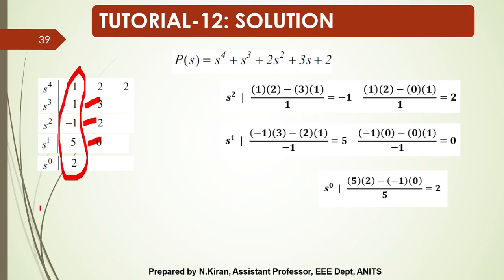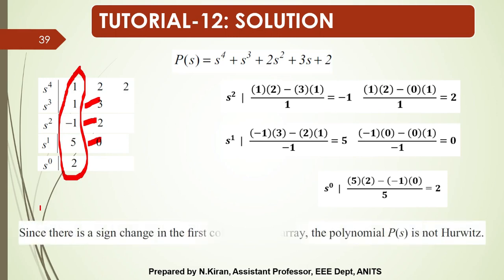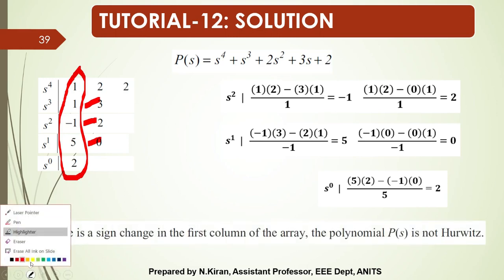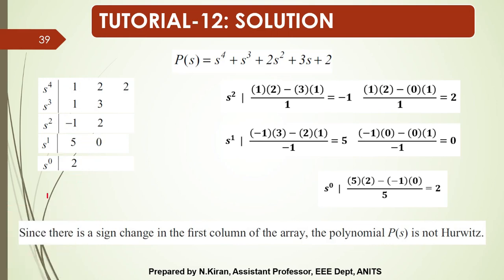The number of sign changes in the first column of the Routh table indicates that there are poles present on the right hand side of the s plane. So here, since there are sign changes, the given polynomial is not Hurwitz.